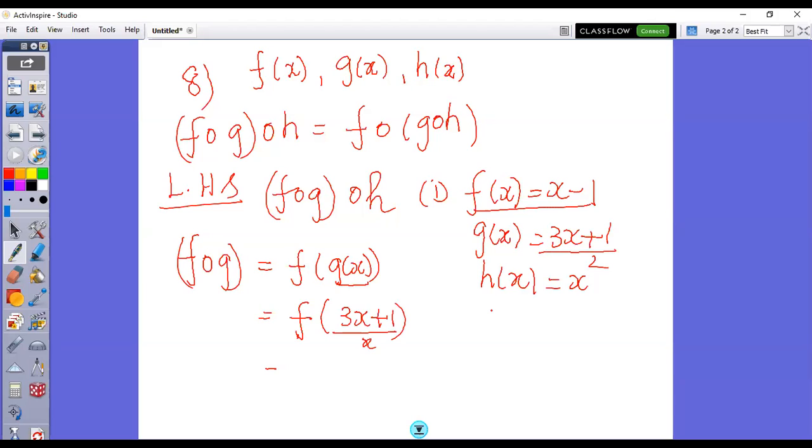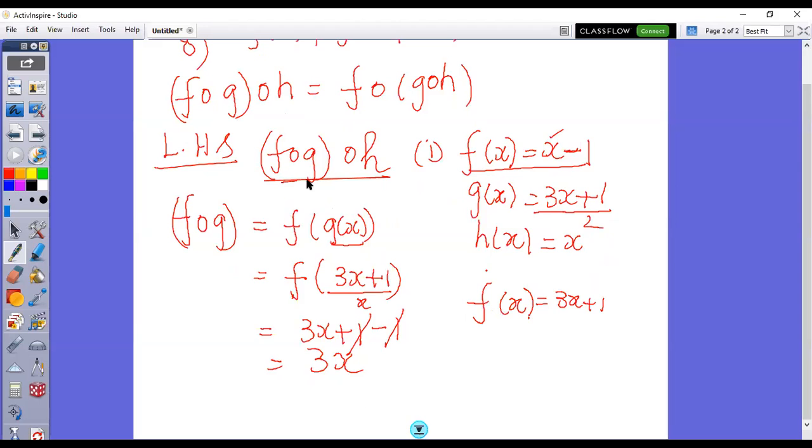So substitute the x value, only substituting 3x plus 1. Already the f of x value has minus 1. Listen, ma'am, f of x value is 3x plus 1 minus 1, so substitute the x value as 3x plus 1. So 1 is cancelled. So first one is 3x.